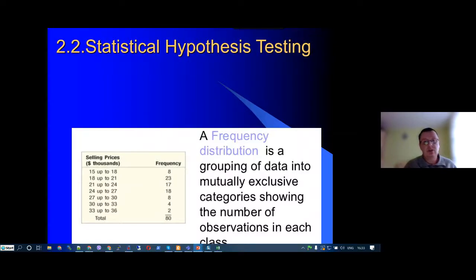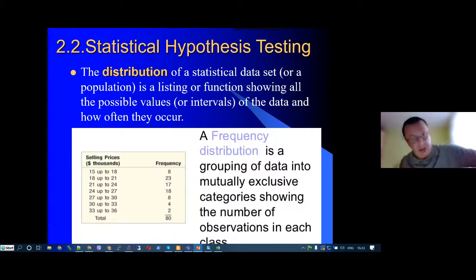Now time to move into hypothesis testing, and time to introduce the term distribution of a data set, which is a listing or function showing all possible values or intervals of data and how often they occur. Especially frequency distribution, an example of which is shown at the left side, is grouping data into mutually exclusive categories showing the number of observations in each class.